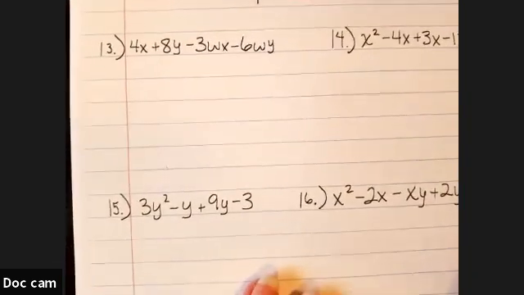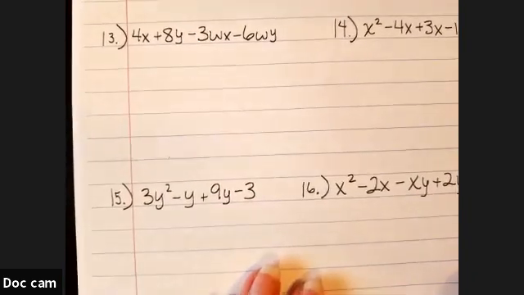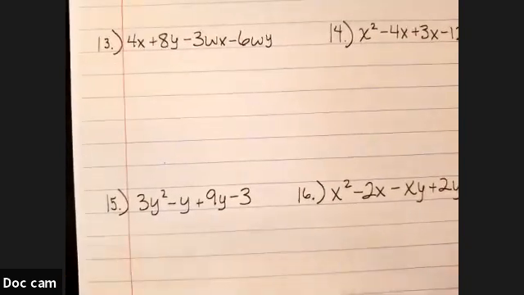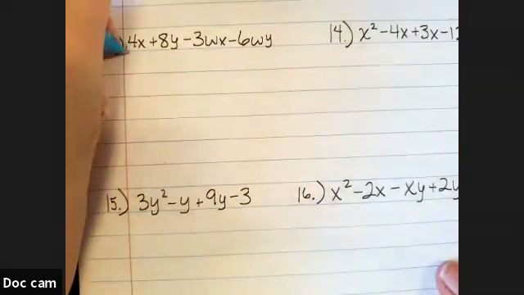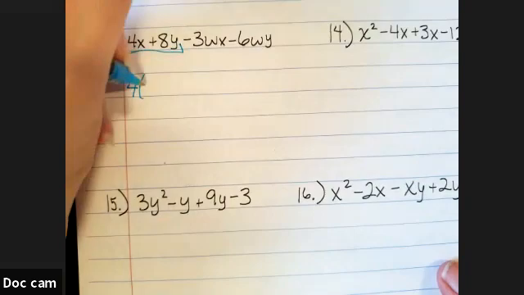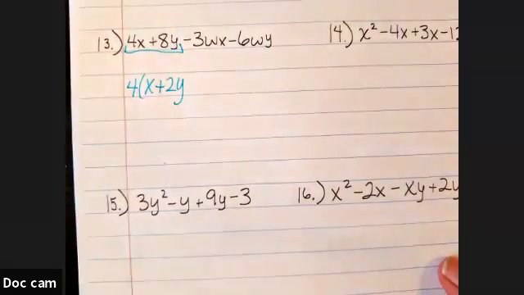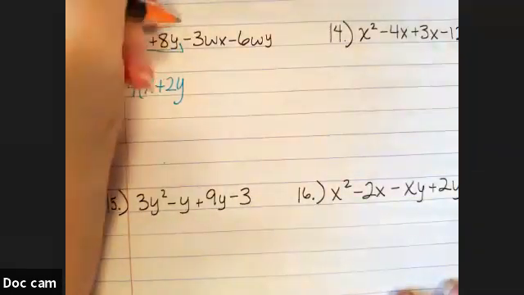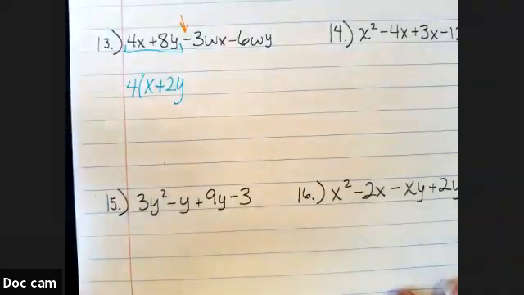Okay. And number 13, with the first two terms, I would factor out a 4. And that would leave x plus 2y. Now, in this case, we have a negative sign right here.